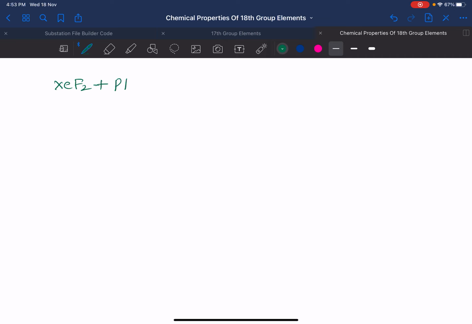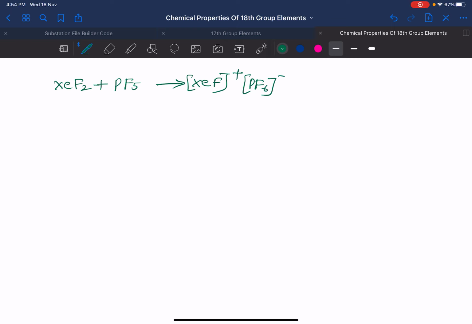What are the fluoride ion acceptors? That is PF5, 15th group fluorides: phosphorus, arsenic, antimony. The 15th group fluorides accept the fluoride ion from the xenon fluorides to give XeF+, a positive ionic complex, and PF6 minus.